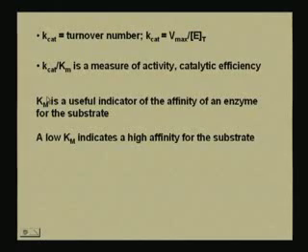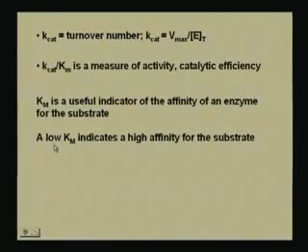It is a combination of K1, K minus 1 and K2, and Kcat is actually K2. So together they can give us some idea about the activity or the catalytic efficiency. If we have a high value for Kcat or K2, then we have a high measure of the catalytic efficiency, so the enzyme is more efficient.